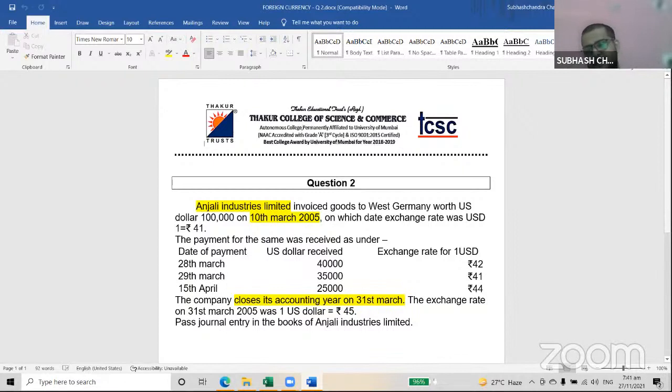What is the financial year? Because sometimes questions are asked for 2 financial years. And by the end you need to revalue your debtor or creditor accordingly. Everyone getting the question? Yes, sir.